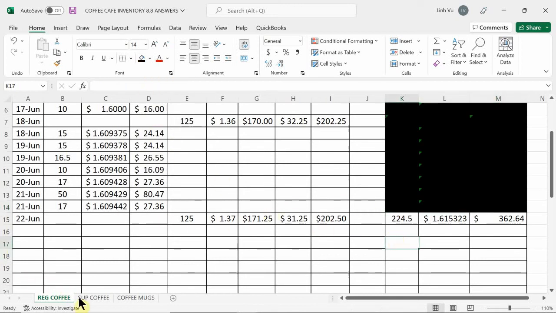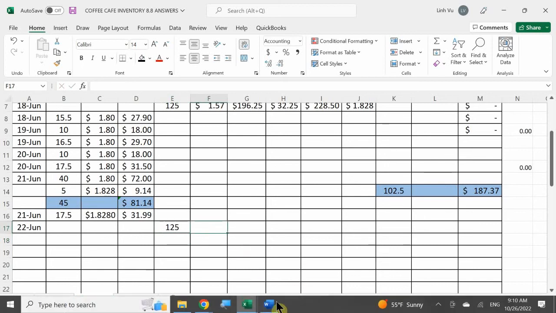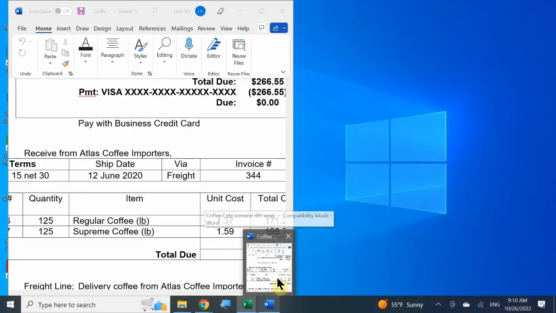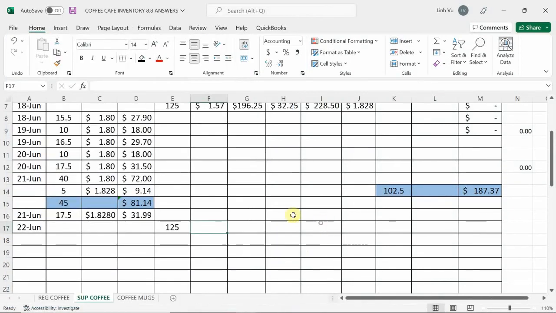Okay, now I've got to do Supreme Coffee. How much per pound is the coffee I bought? 159.